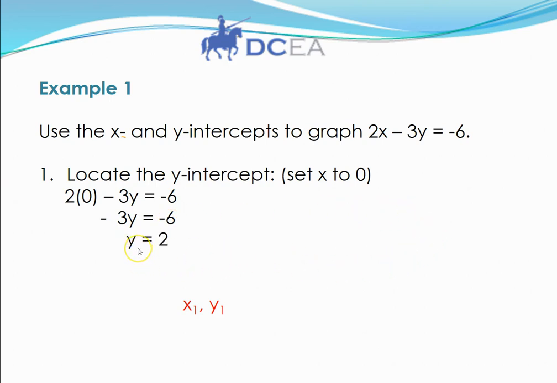And we solve, and our y-intercept will be y equals 2, so the y-intercept is (0, 2). 0 is the coordinate x1, and 2 is the coordinate y1. I encourage you to write those down also when you're doing the problems.